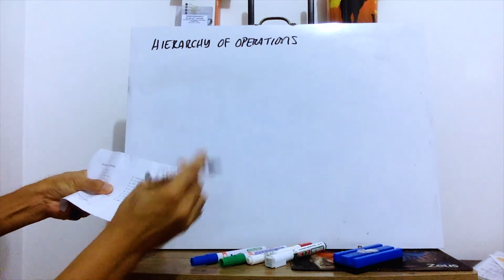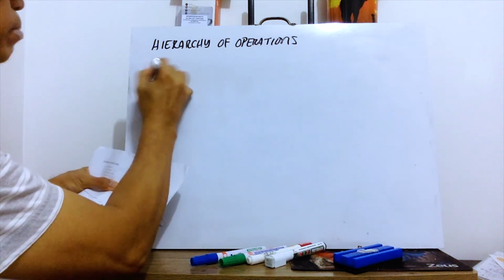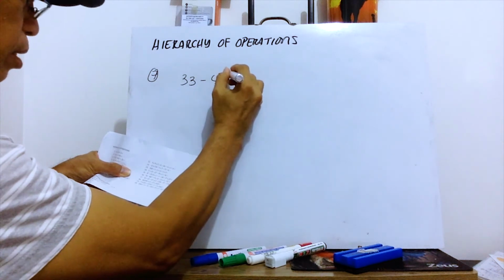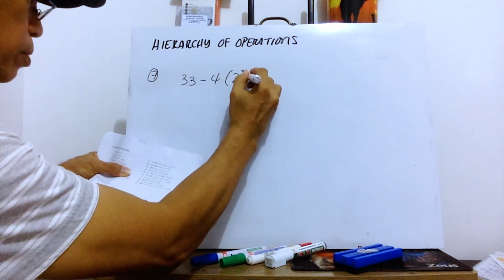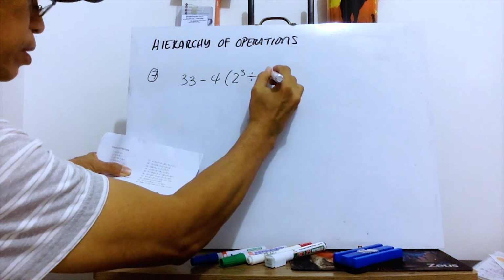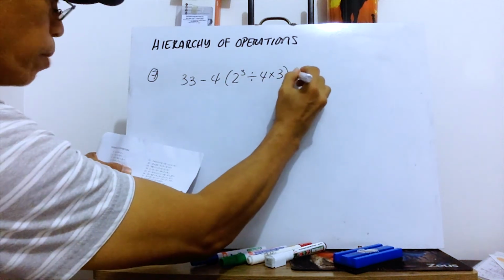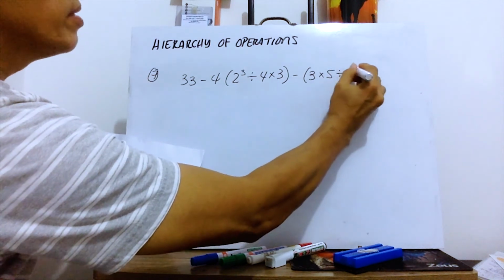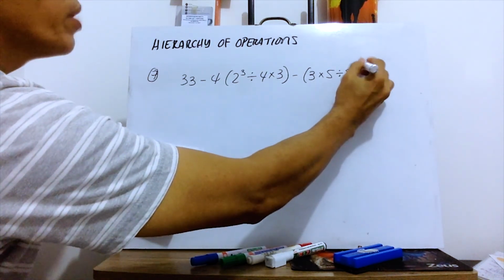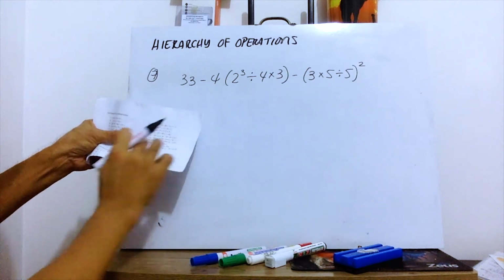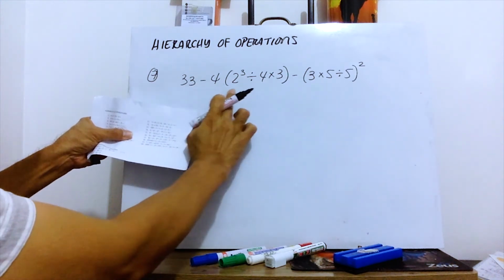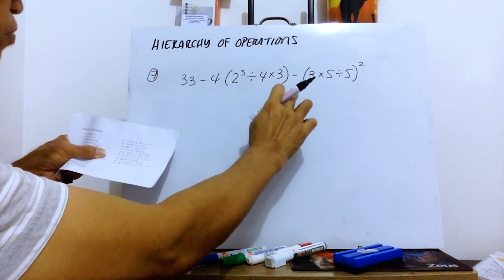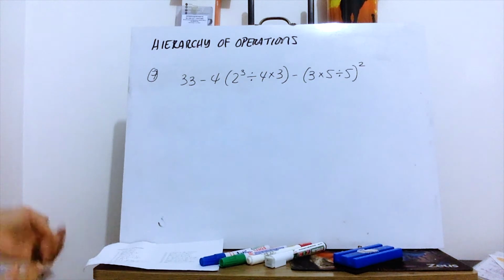Last number, 33 minus 4, 2 cubed divided by 4 times 3 minus parenthesis 3 times 5 divided by 5, squared. Wow, look at that.